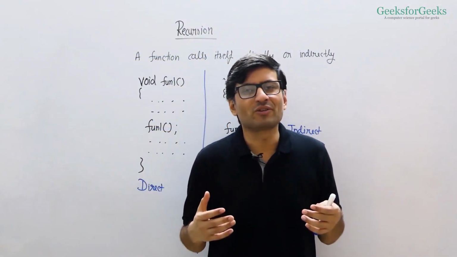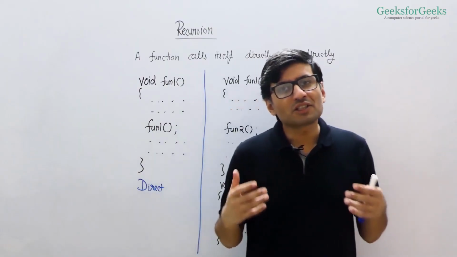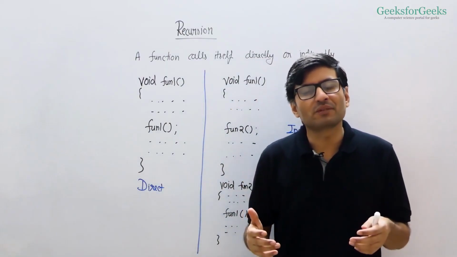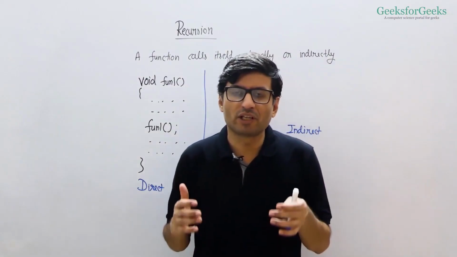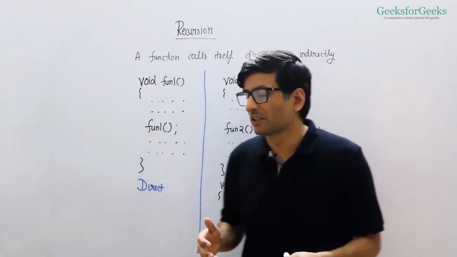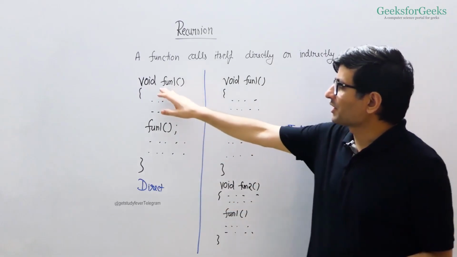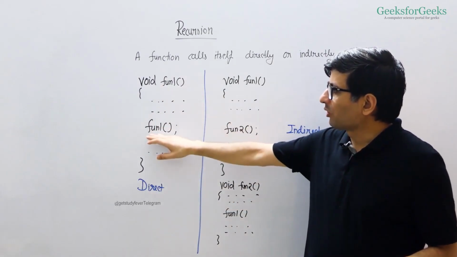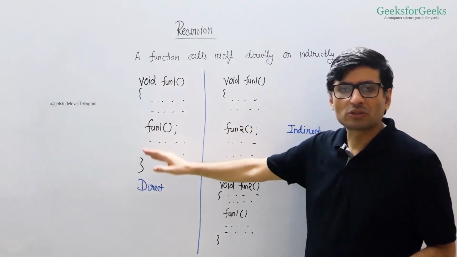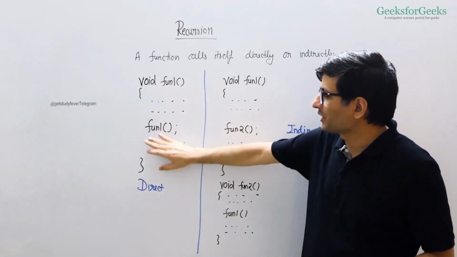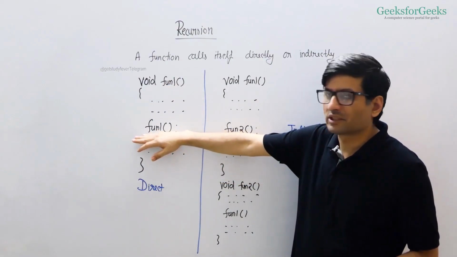Let us now take a look at recursion. A function is called recursive if it calls itself directly or indirectly. So here is an example of direct recursion. There is a function fun1. It calls itself somewhere in its code. There might be some other code here, some other code here, and it is calling itself.